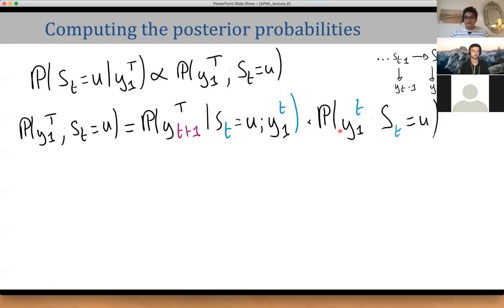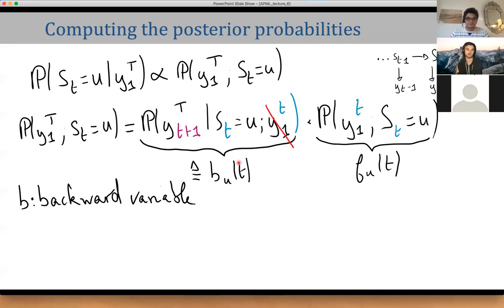Because of the Markov chain property on the S_T, the future only depends on the hidden state we have at this position T. So at each position, we can cut our evaluation of the posterior into past and future.